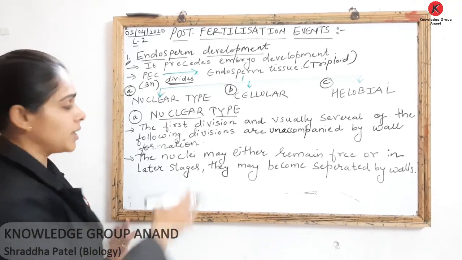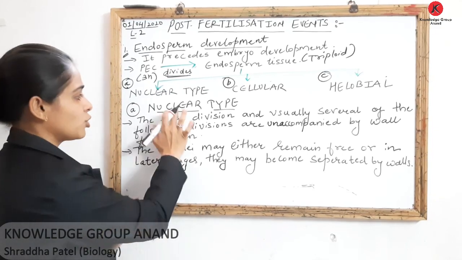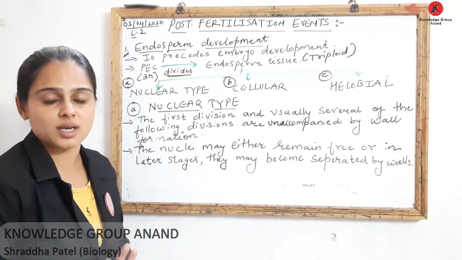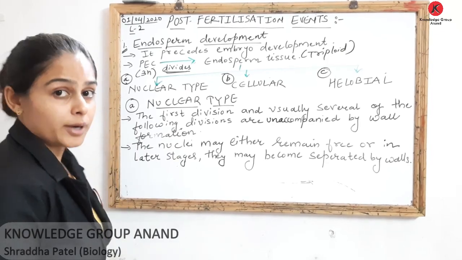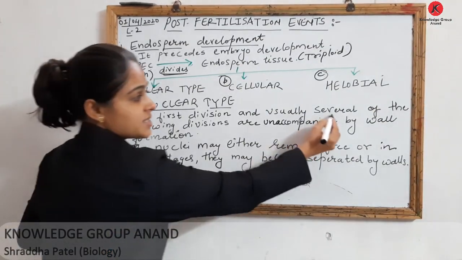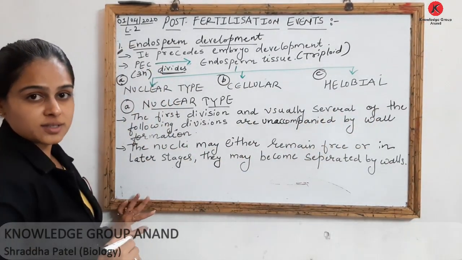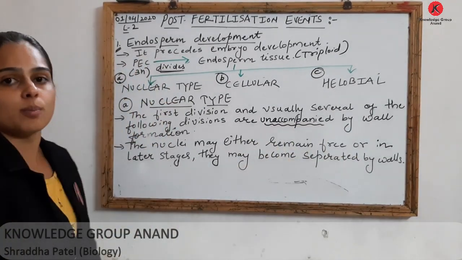Okay, now we are beginning with your nuclear type. As the name suggests, something related to the nucleus is happening here. Now look, in nuclear type of endosperm development, what happens? First division and several other divisions are unaccompanied by wall formation.